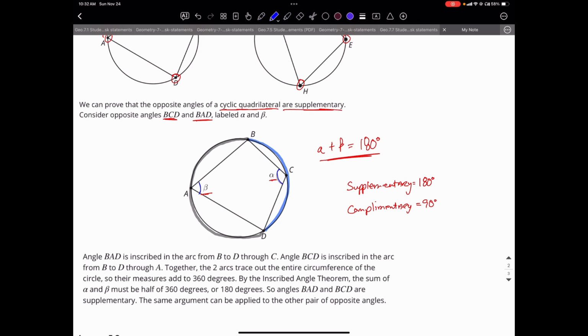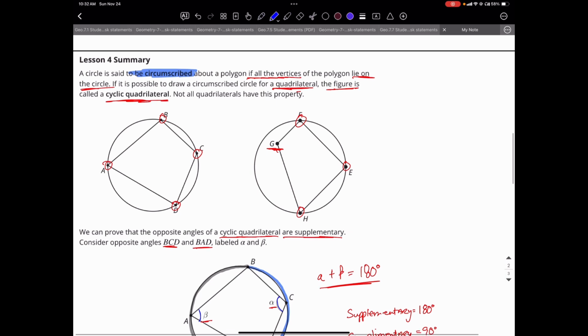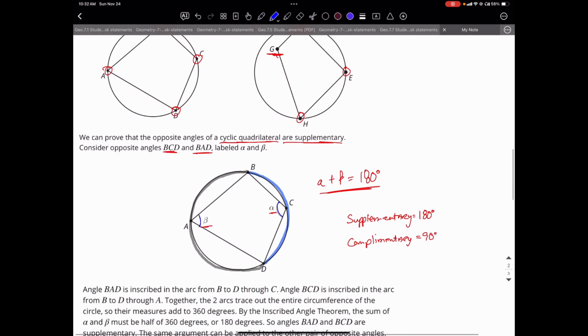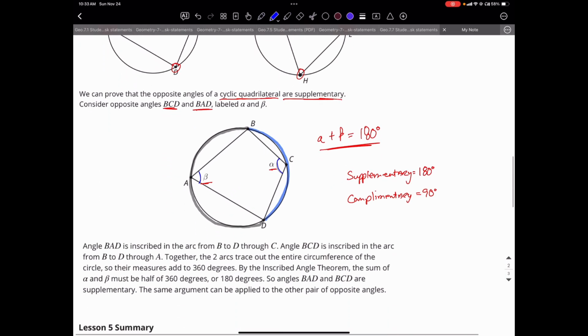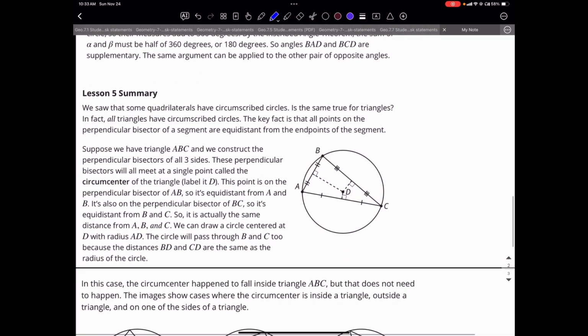Then, since the arcs add up to 360 degrees, the angle measures must add up to 180 degrees, because 180 is exactly half of 360 degrees. So that's the big takeaway from lesson 4: in circumscribed quadrilaterals, opposite angles are going to be supplementary. Okay?